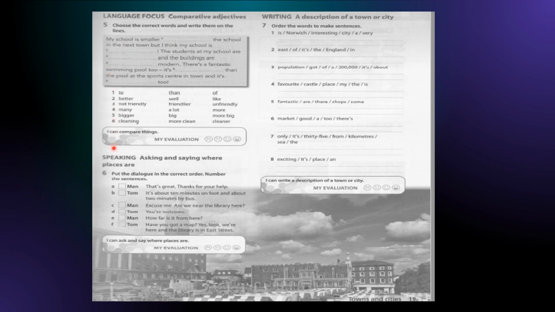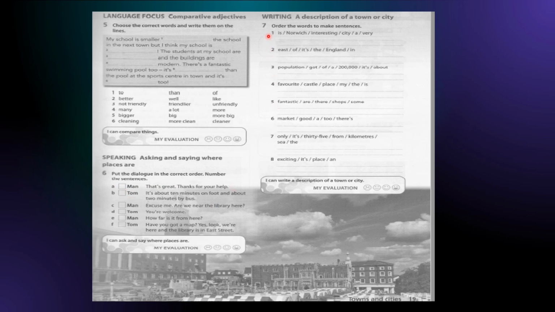Okay, for speaking, number the sentences, asking and saying where places are. Okay, and then for this one you have to put numbers.